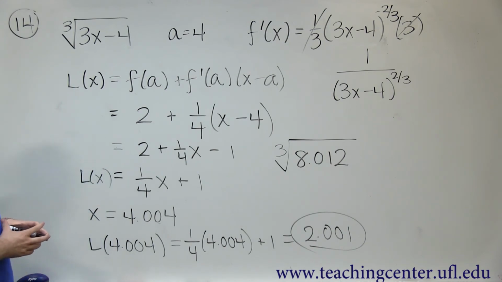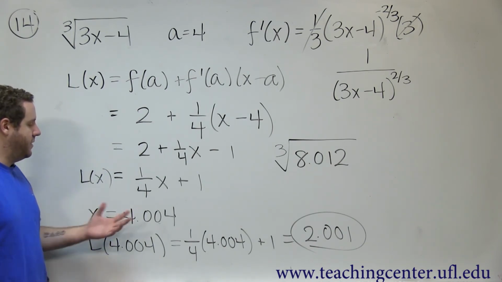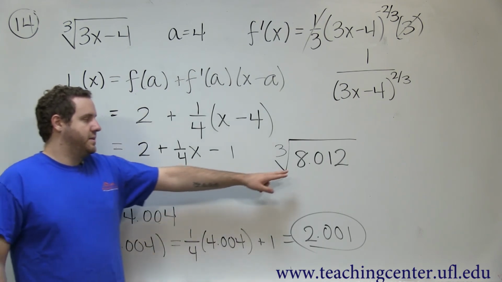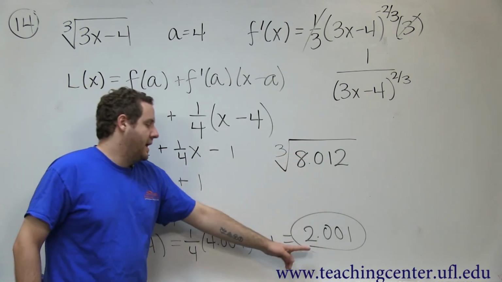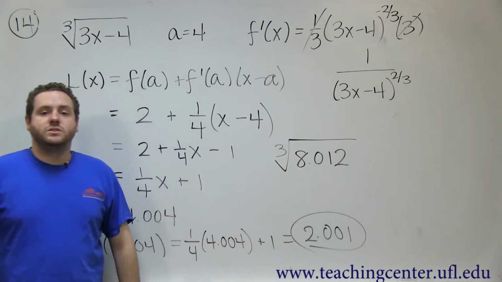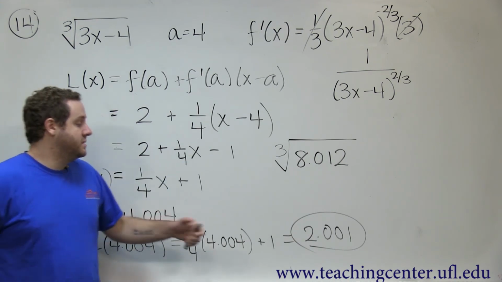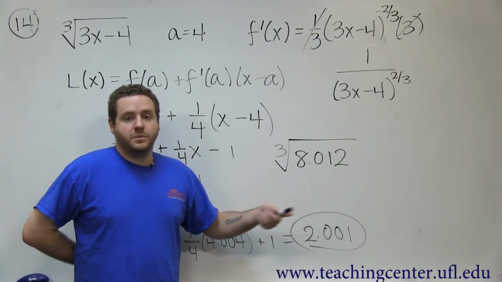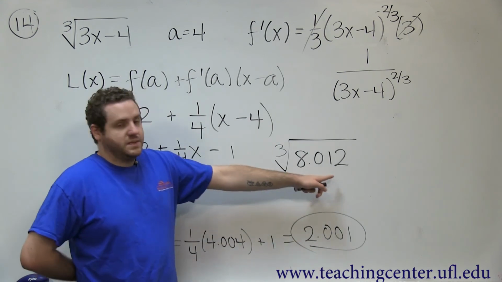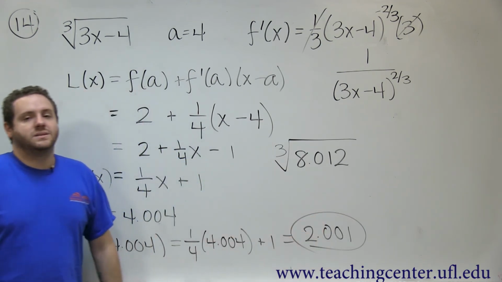So by using the linearization and figuring out the x that we need to approximate this value, we approximate it as 2.001, which should make sense. It should be just barely bigger than 2, because if it was 2, we would have just got 8. But we're looking for something slightly bigger than 8, and we got something slightly bigger than 2.